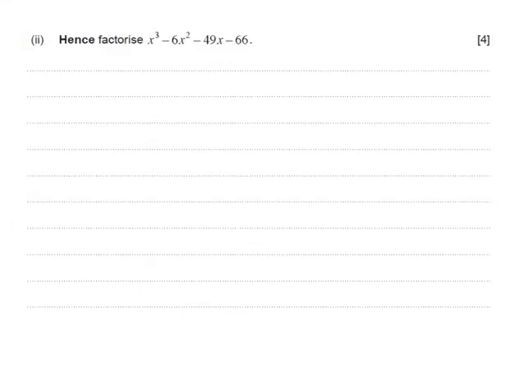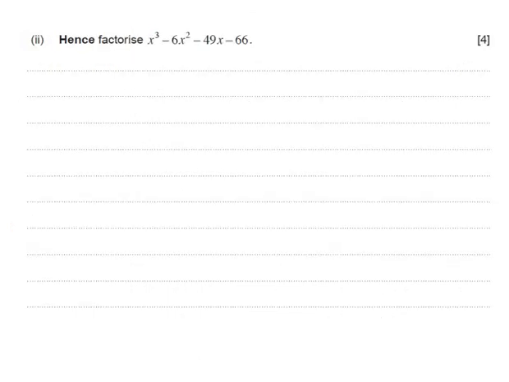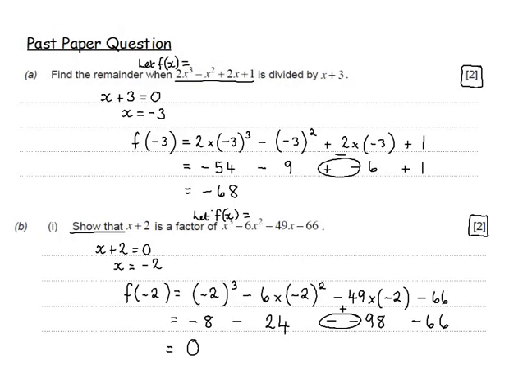Last part of this style of question, notice it says hence in bold, so now or then, factorise x cubed minus 6x squared minus 49x minus 66. And notice it's a B part 1 and then B part 2. So you're using this factor, this x plus 2, and notice the polynomial is exactly the same.